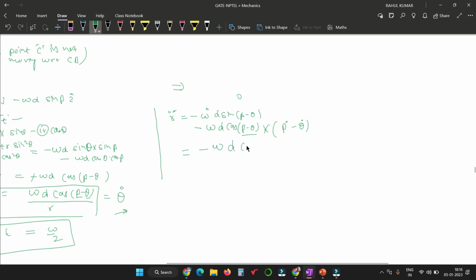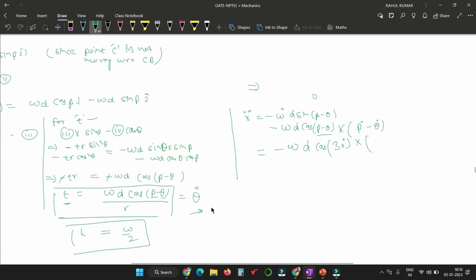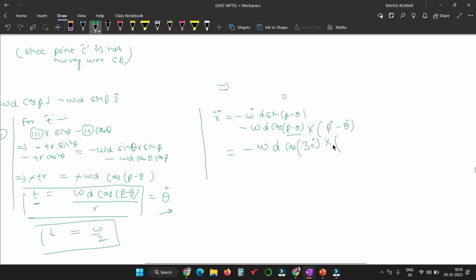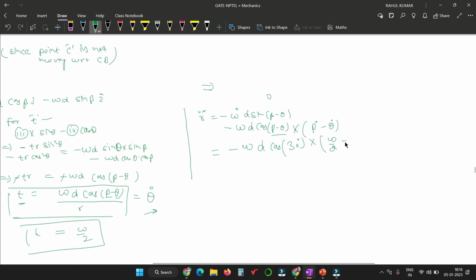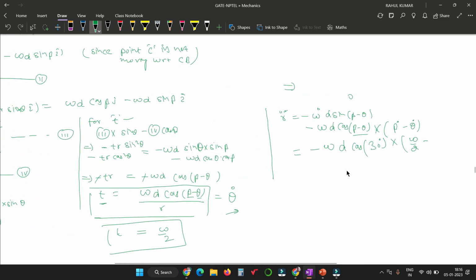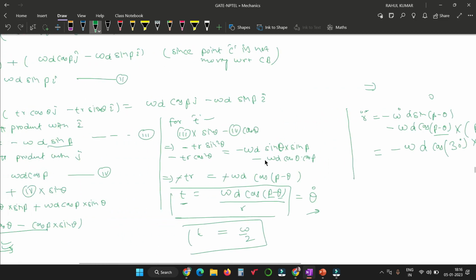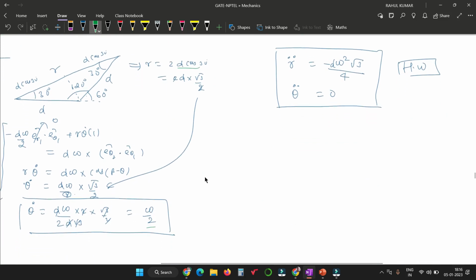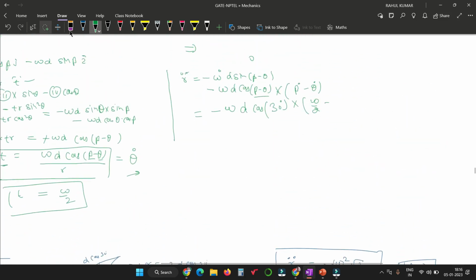We already got beta, that is 60, theta is 30, so cos 30 degrees. And what is beta dot? Beta dot is nothing but omega. And what is theta dot? Theta dot is omega by 2.